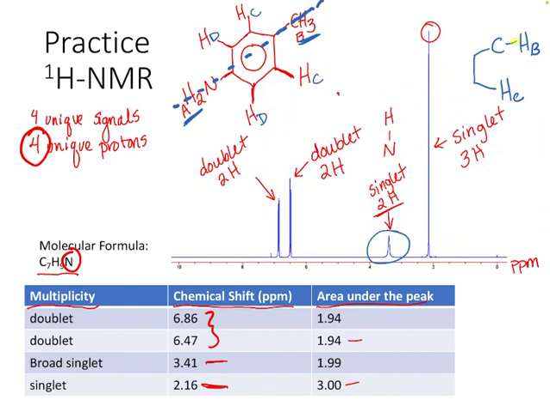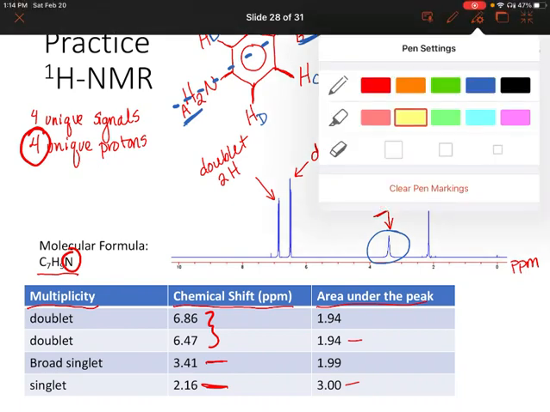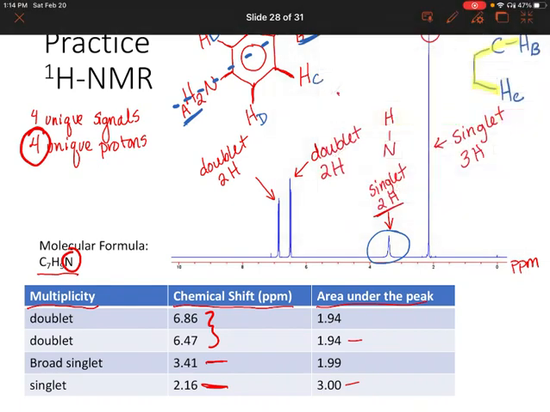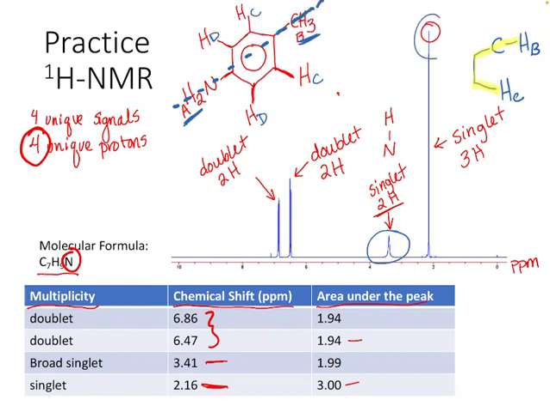We would have to go 1, 2, 3, 4 bonds away to get to the next proton, and that's just too far away to cause any splitting to occur. So those protons would show up as a singlet as well. And so they're probably here. Oh, and I'll write HA next to the other singlet.